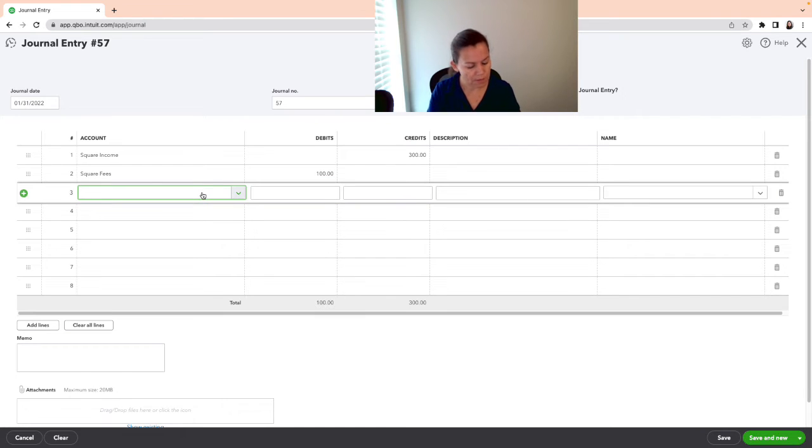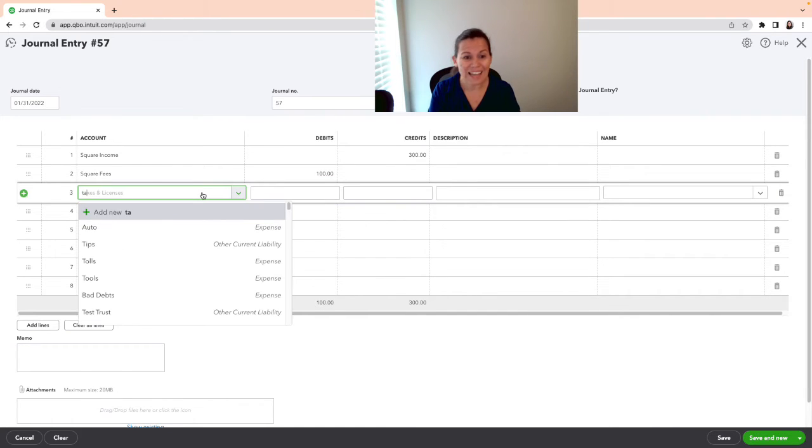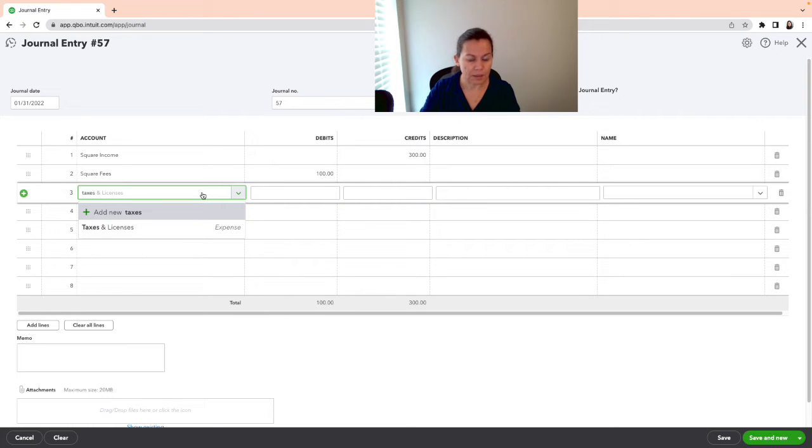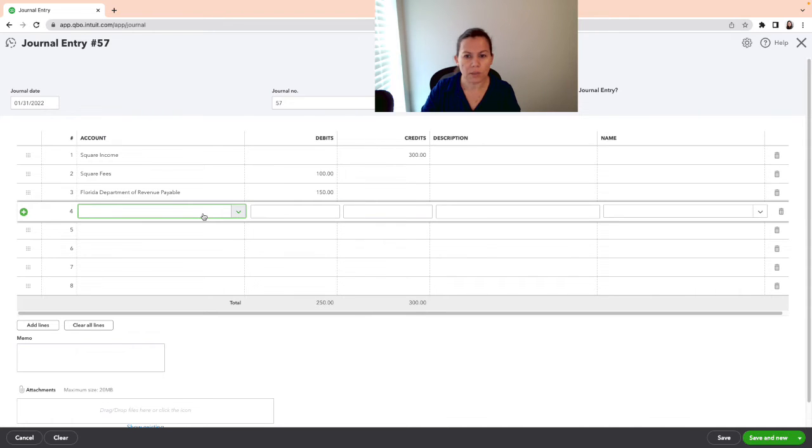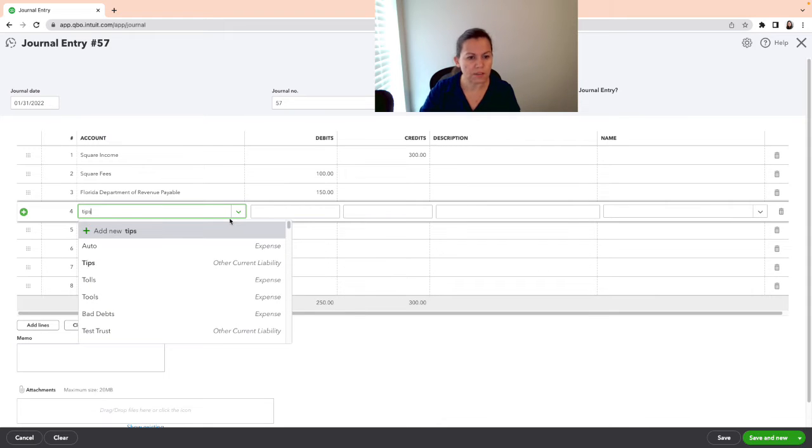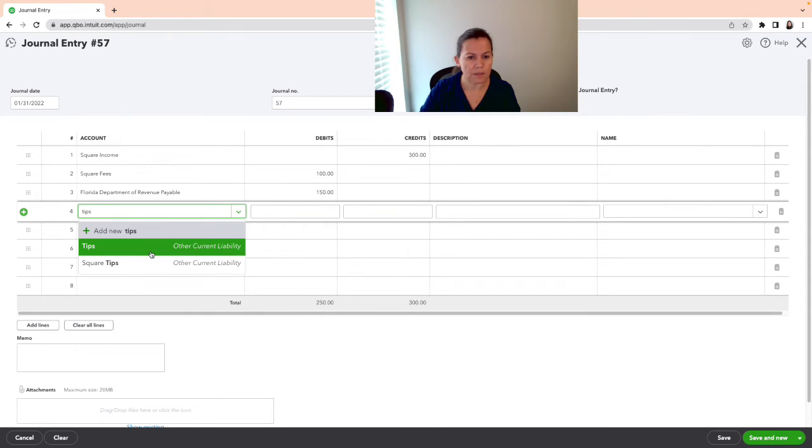We also have a difference in taxes. Oh, and it's tax payable. Let's suppose that it's another, let's say $150. And so we have $250. And then the remaining difference was a difference in tips, right? Tips payable, $50.